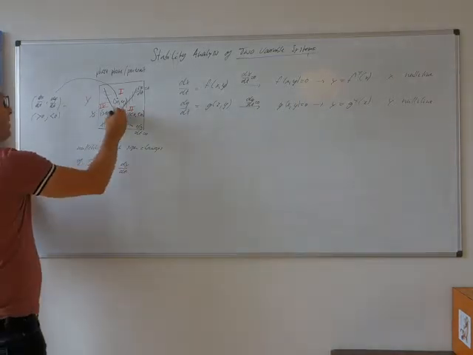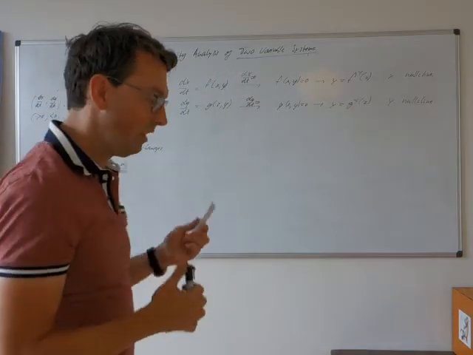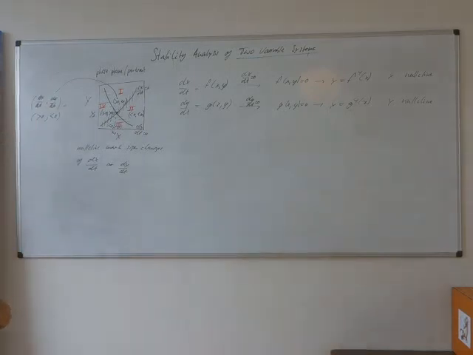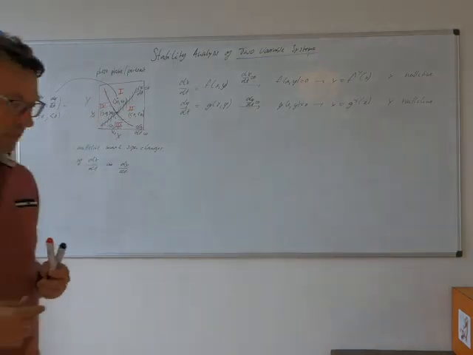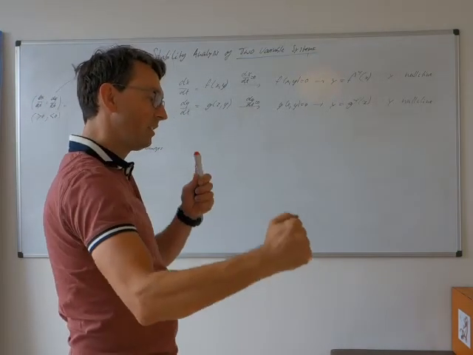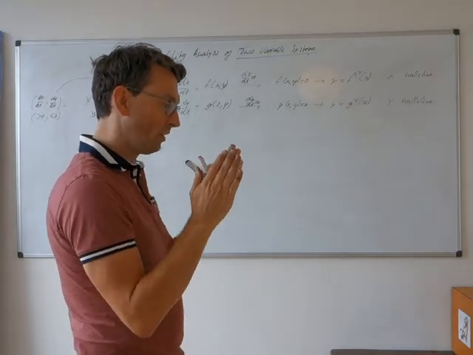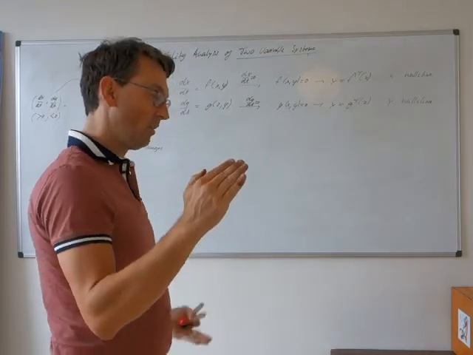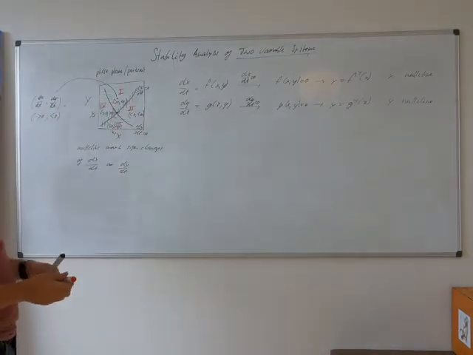So you see that these null lines, they mark regions, and in these regions the dx/dt and the dy/dt have a constant sign. But of course, so that means there is a net direction to their dynamics. But the arrows, of course, they can still point differently, because a small positive delta x or a large positive delta x or a small negative delta y or a large negative delta y leads to different arrows, even though the signs are the same.